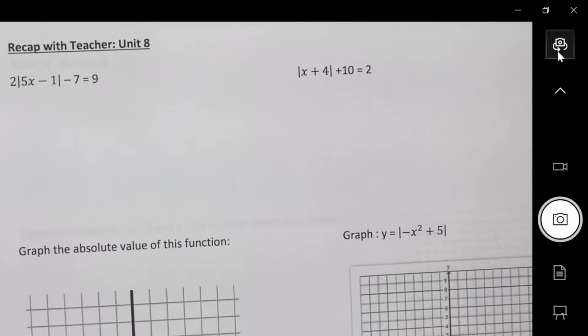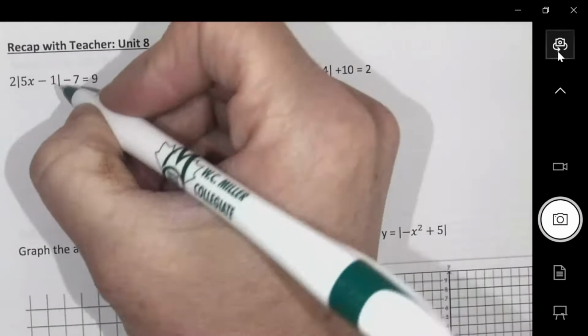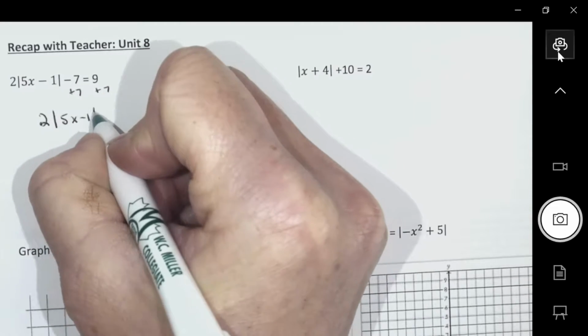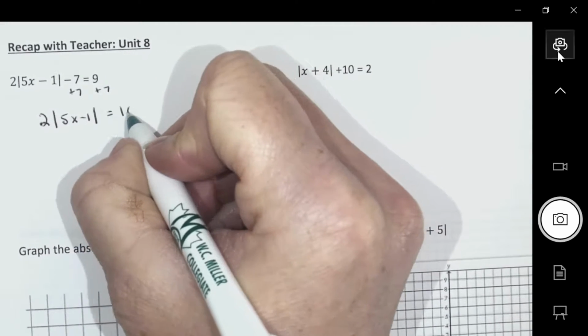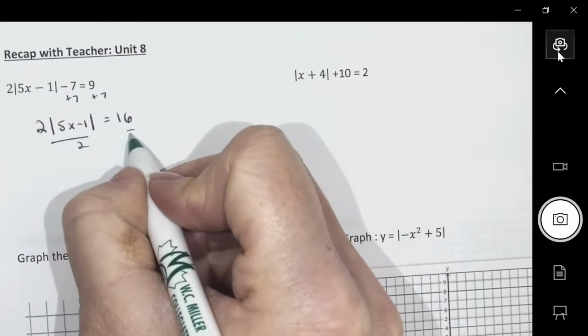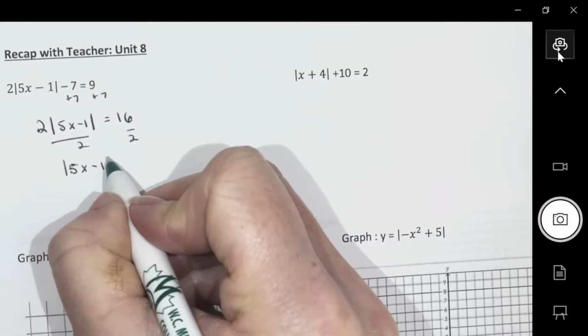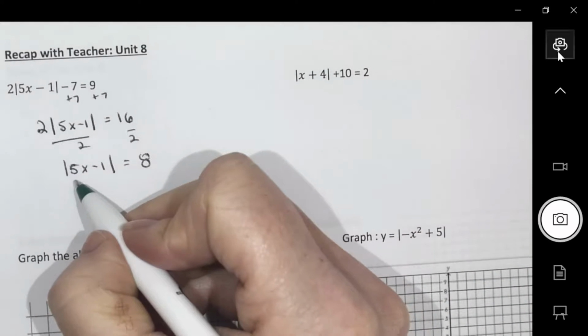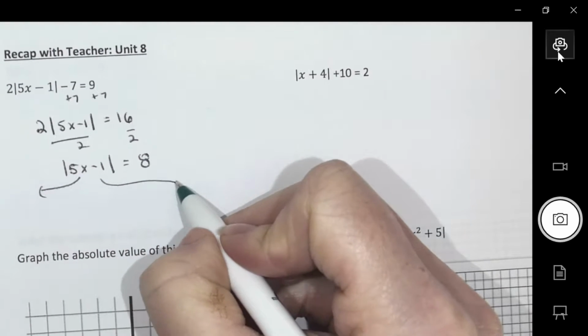Okay, so the first question, I'm going to do some algebra. I'm going to get rid of the 7. Okay, algebra, I'm going to get rid of the 2. And now this is where I get rid of the absolute brackets by doing a split.